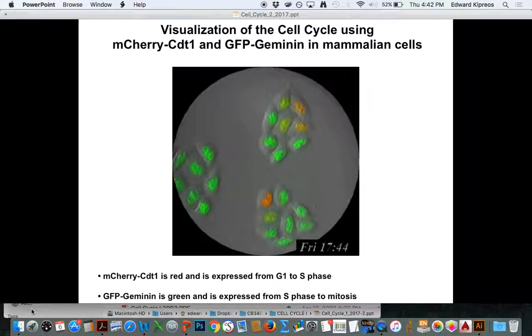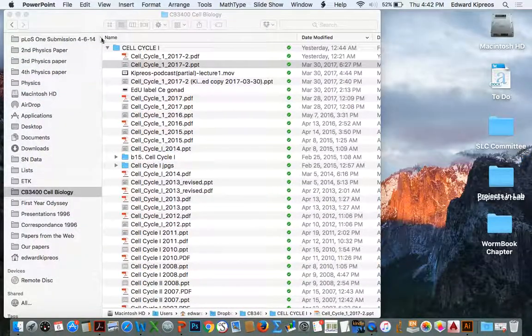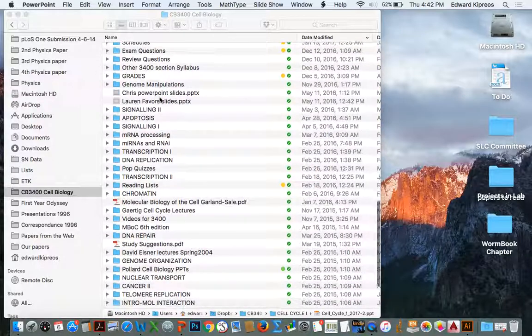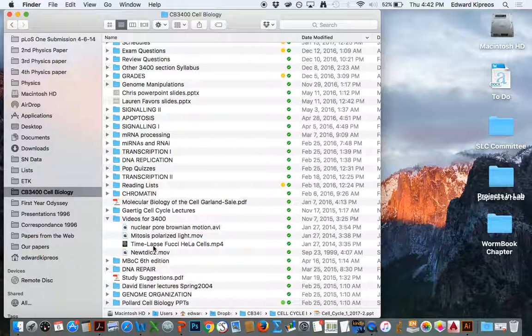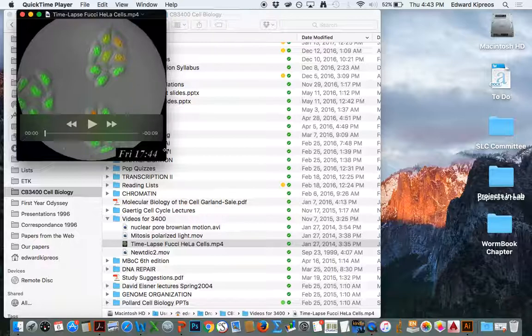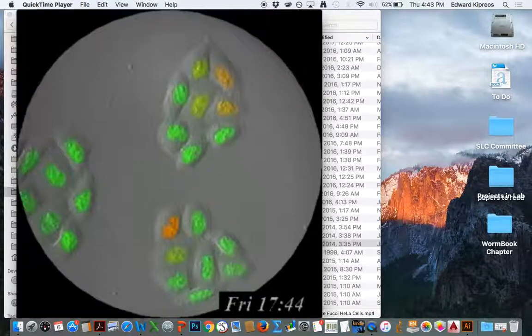So this is the movie. Let's see if it actually works. No, I gotta open it up. All right, so the green is the geminin, and it's going to be there in S to G2, and then it gets degraded in mitosis.